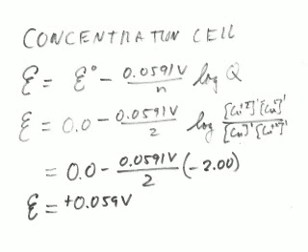And what would the potential for the concentration cell be? Well, its epsilon is equal to epsilon 0 minus 0.0591 volts divided by n log Q. Well, of course, epsilon 0 is 0 since the copper ions are being both oxidized and reduced. The number of electrons being transferred is 2.